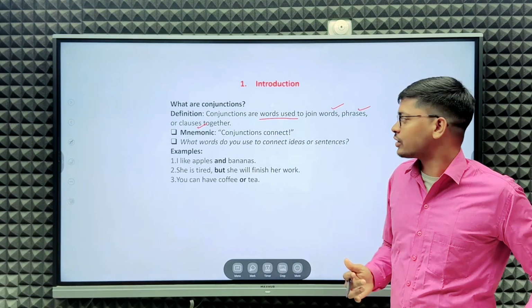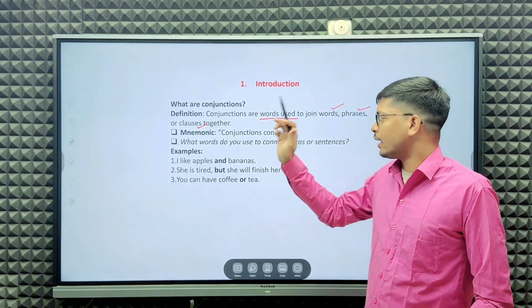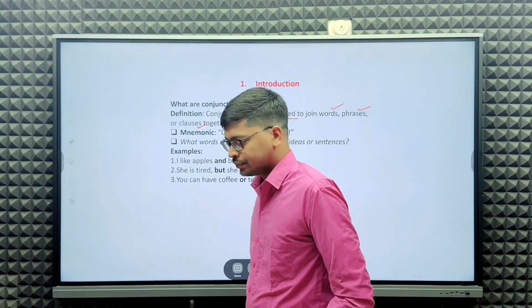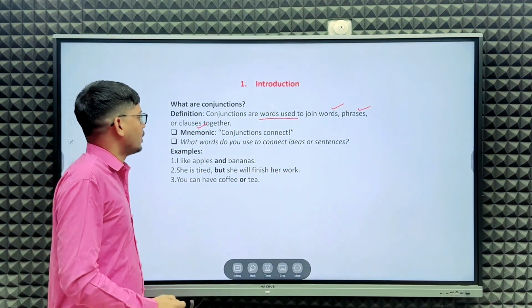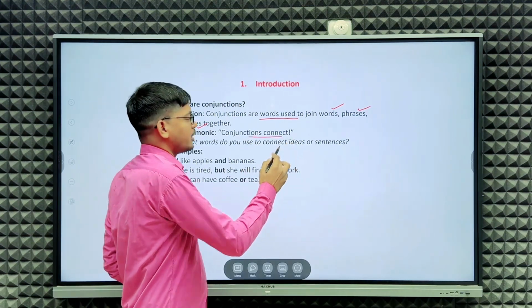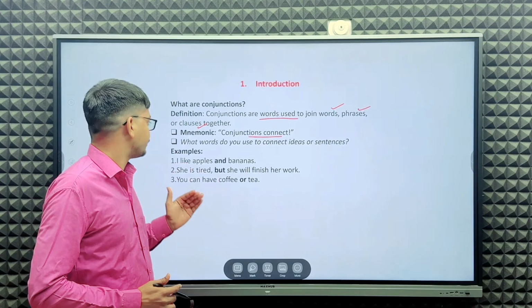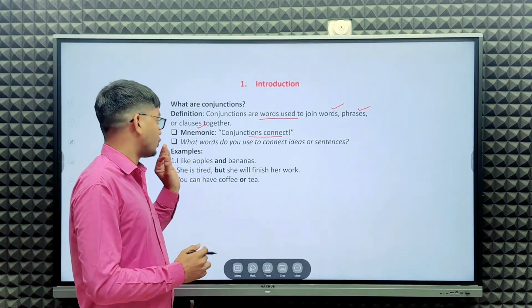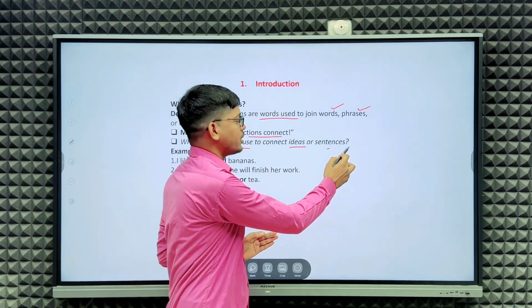For meaning, conjunction means connection, connects. So what words do you use to connect ideas or sentences?